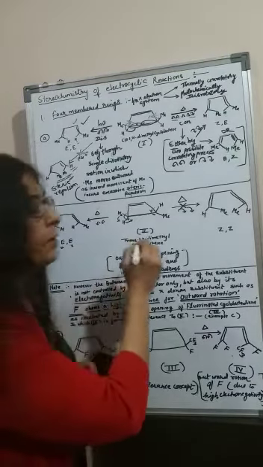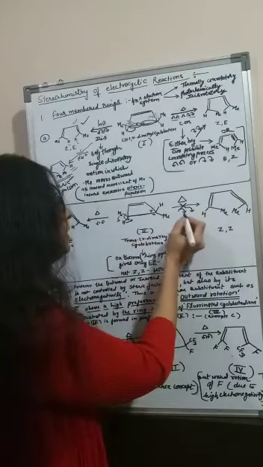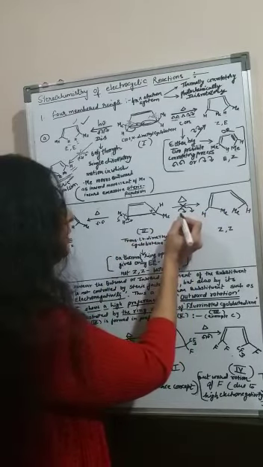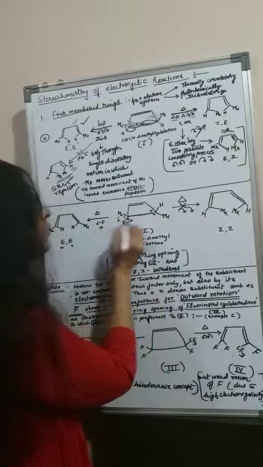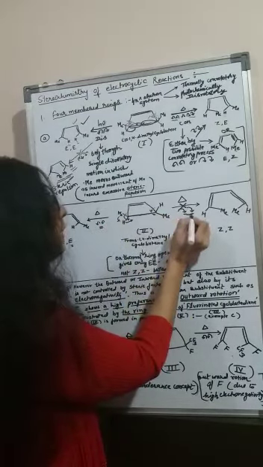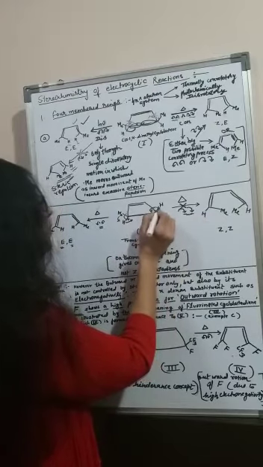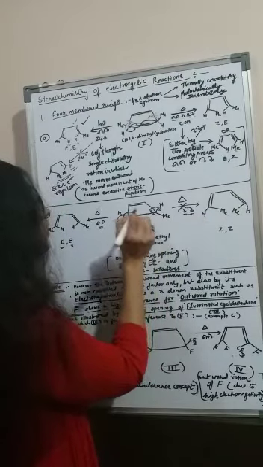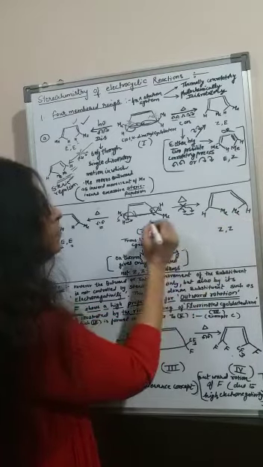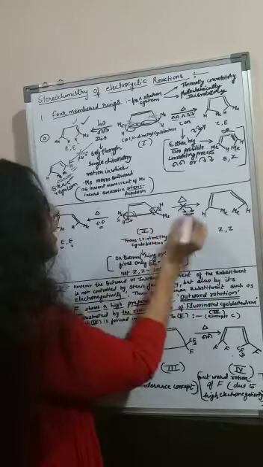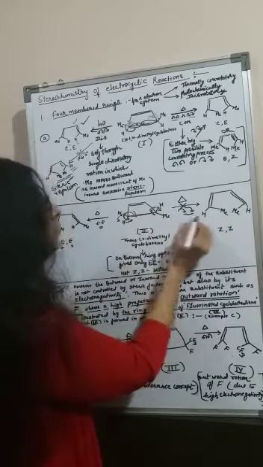If we see the second possibility of the conrotatory process by the thermal process, both were moving anti-clockwise, now both will move clockwise. So H will be moving outward and Me is moving inward. Here also Me is moving inward and H is moving outward.